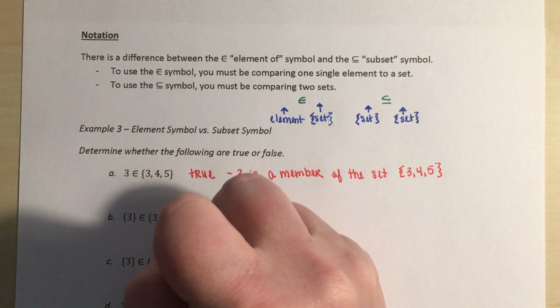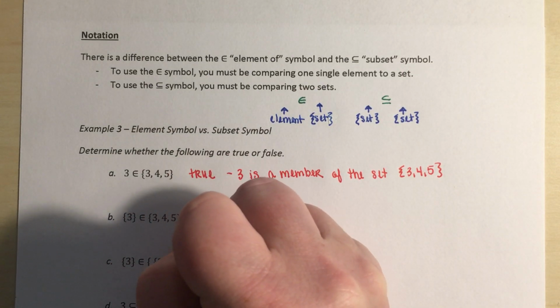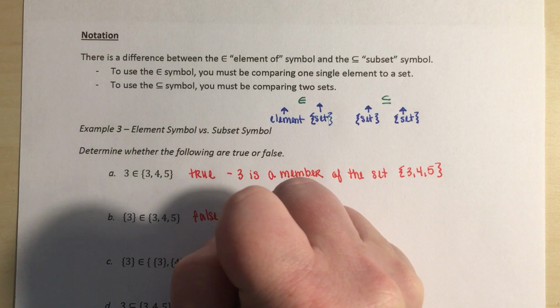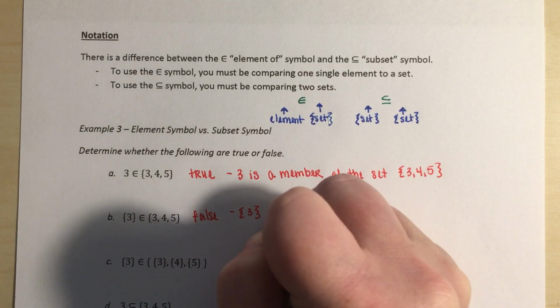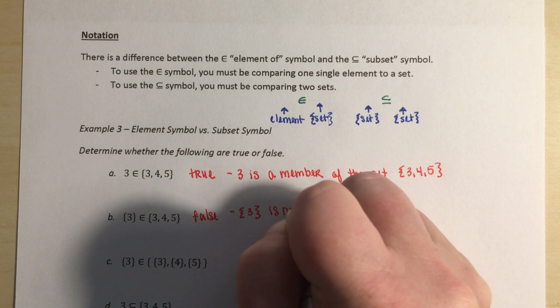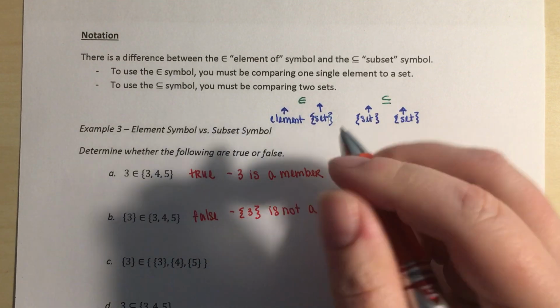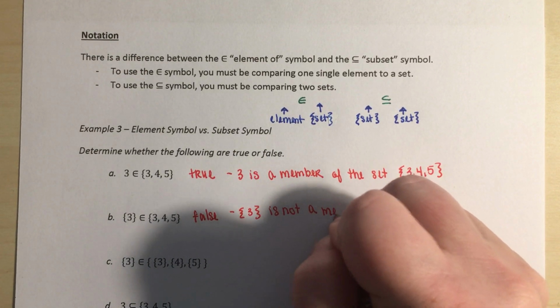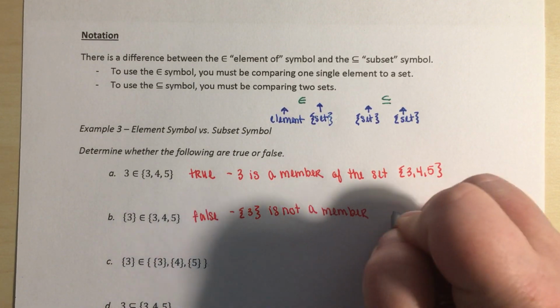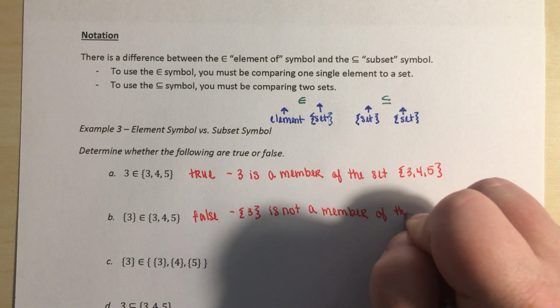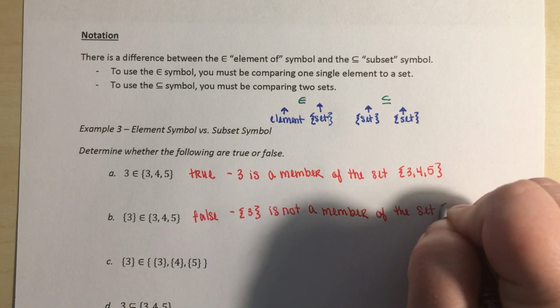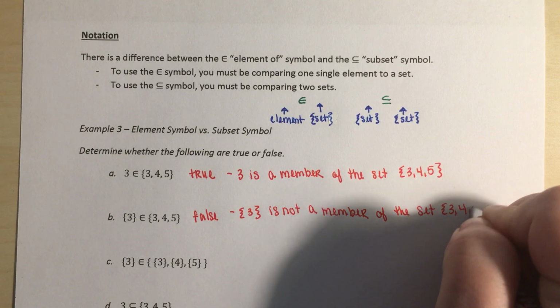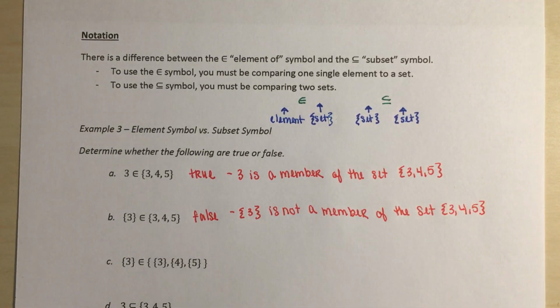In this case, we are going to say false, because the set containing 3 is not a member of the set containing 3, 4, and 5. So if we are using our element symbol, our first thing has to be just an element.